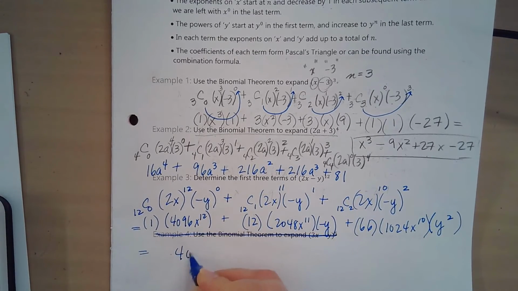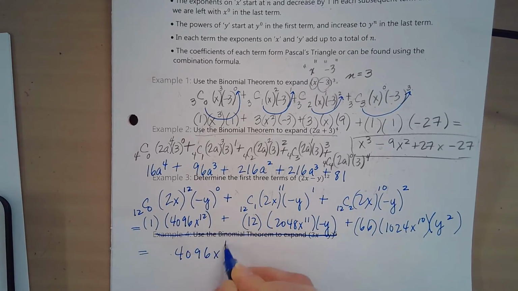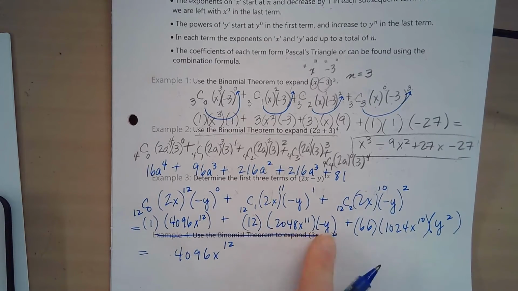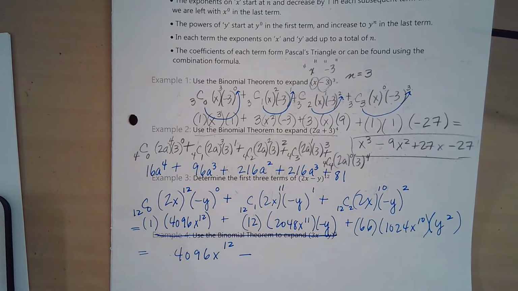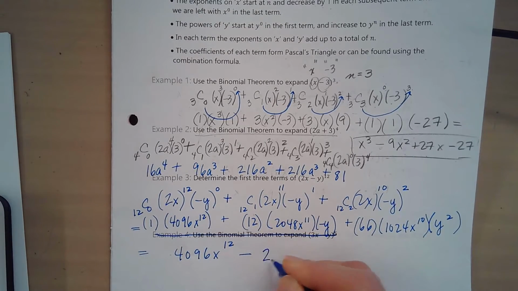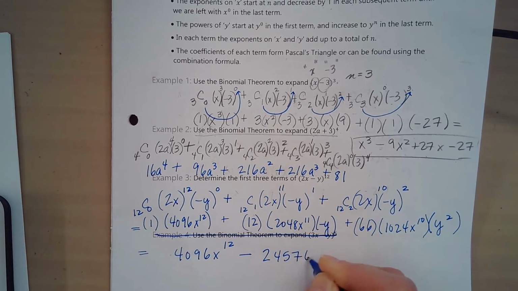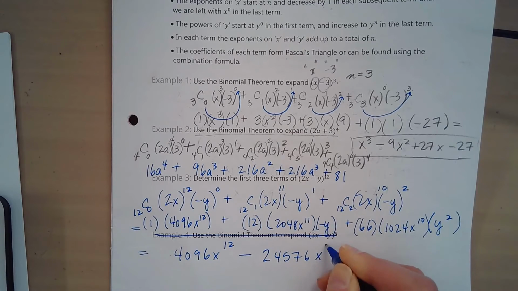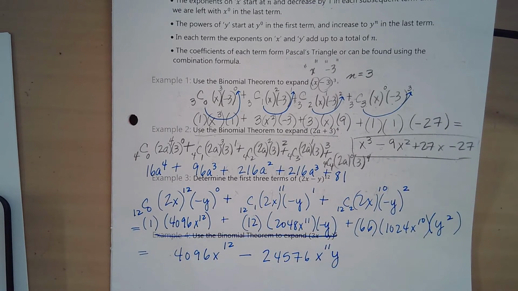So I've got 4096 x to the power 12. This one's going to become a negative 2048 times 12, 24576 x to the power 11 y. Agreed?